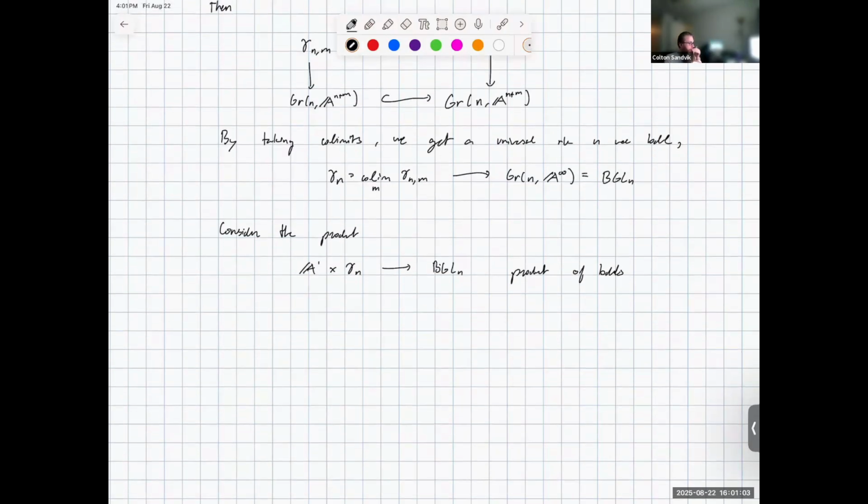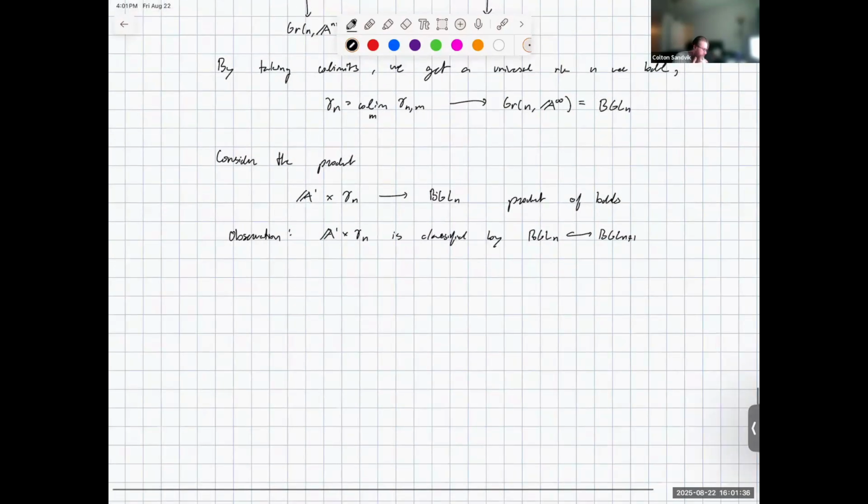The observation is that this vector bundle is classified by the inclusion of BGLn into BGLn plus 1.